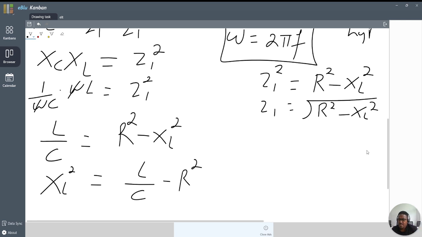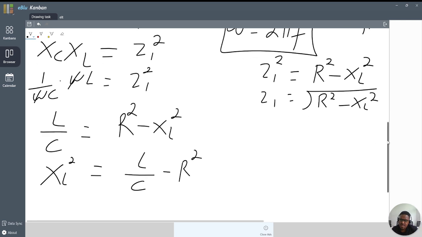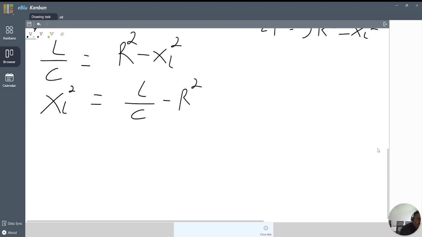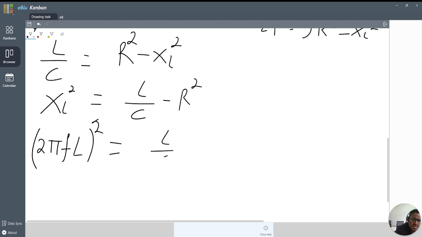So what does XL square, the inductive reactance, mean? It is 2 pi FL, squared. This becomes L over C minus R square.